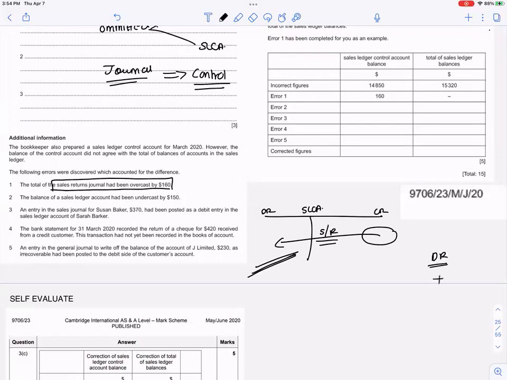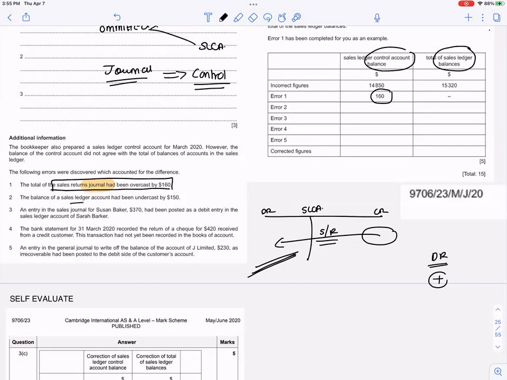Add. Very good. Now, which word has been used? Journal. Journal means I will do it in the control account, or in the ledger? Control accounts. Happy, are you with me?